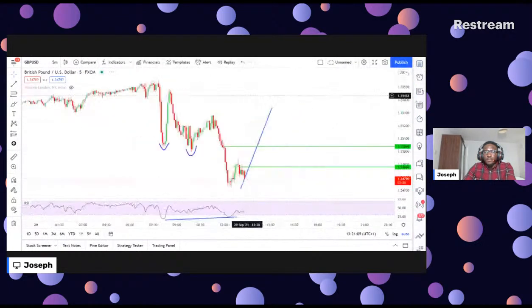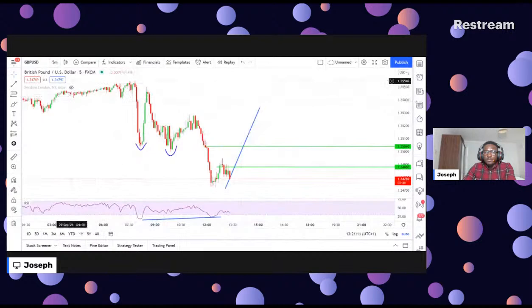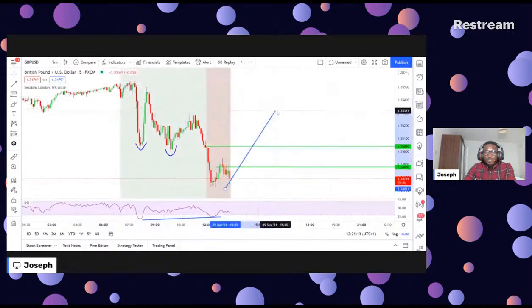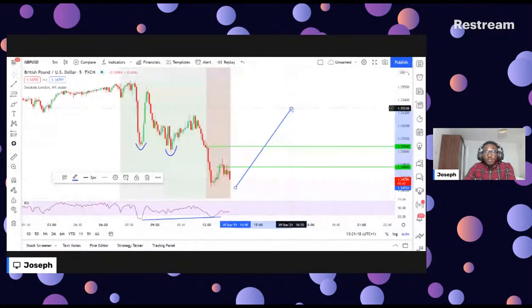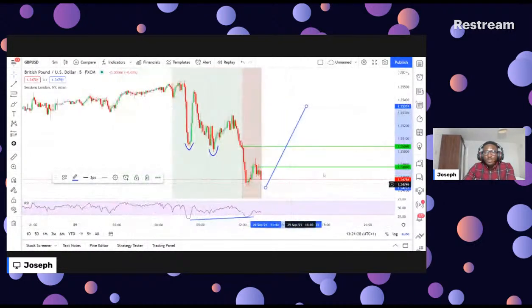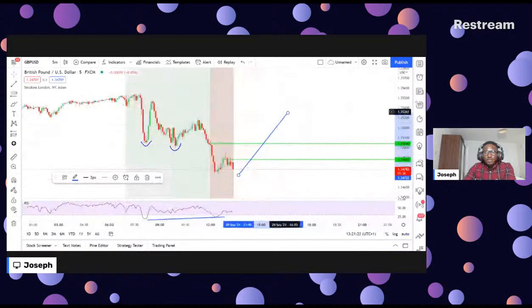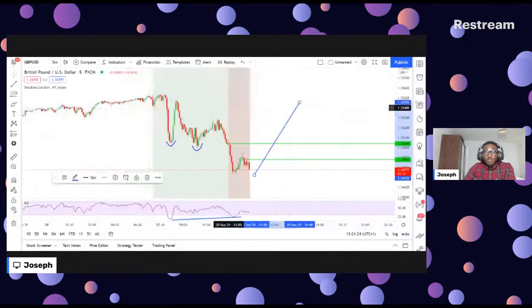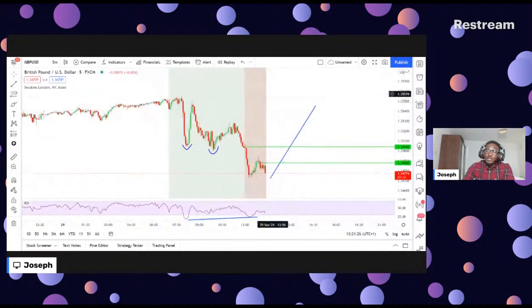So let's see. Okay, the GBPUSD. Very close to the last turning point, which is going to be around 2 o'clock, 2:30 New York session.